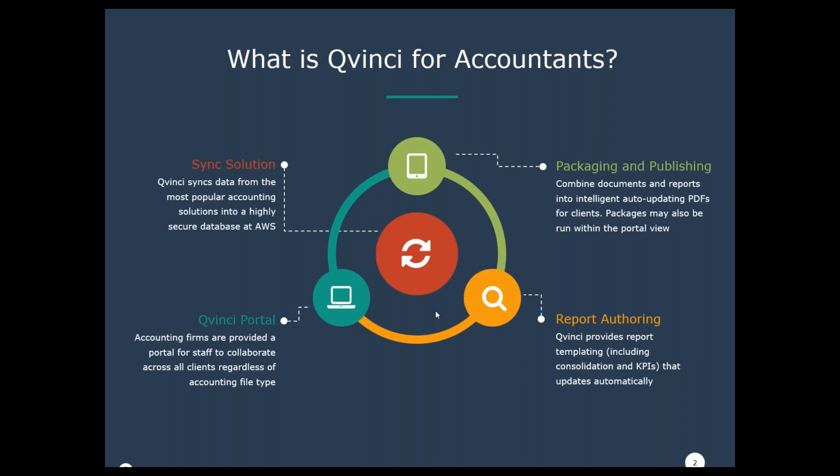Now, if we're talking about QuickBooks Desktop, we have what's called an SDK sync app that will pull information from the various versions of QuickBooks Desktop, including American and Canadian, including unsupported versions, all the way back to 2009, whether they're hosted or not.